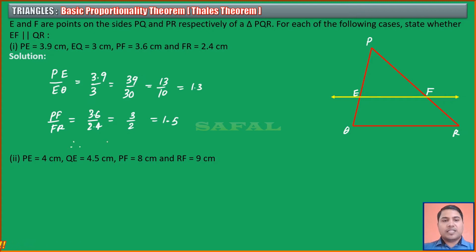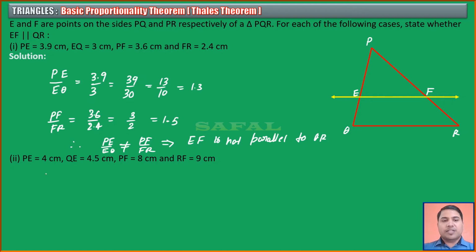So I can see that PE by EQ not equals PF by FR. So since they are not equal, I can say that EF is not parallel to QR. If this ratio would have been equal, I would have said EF parallel QR.